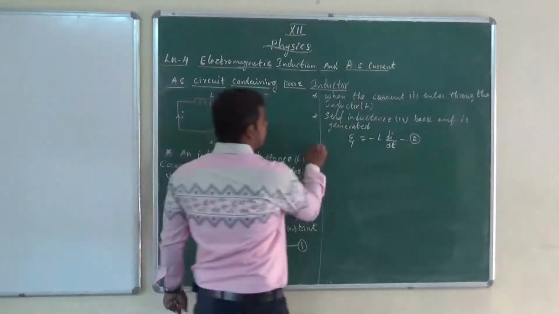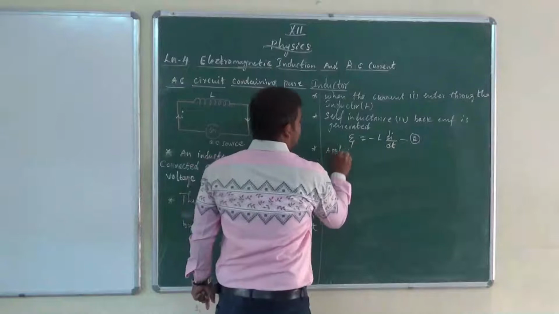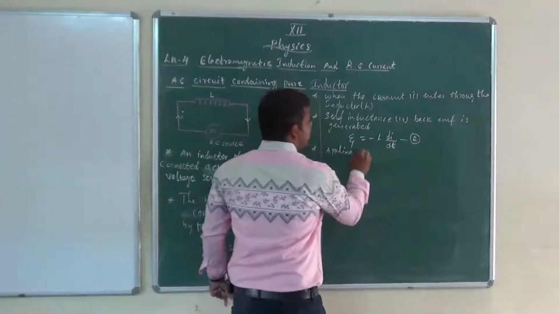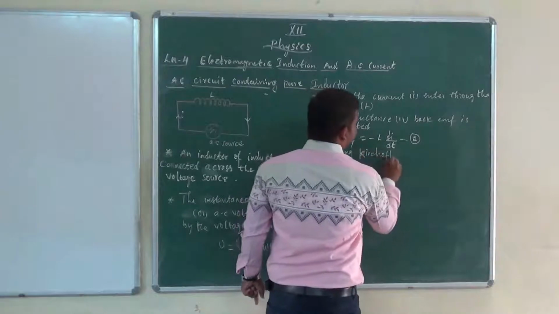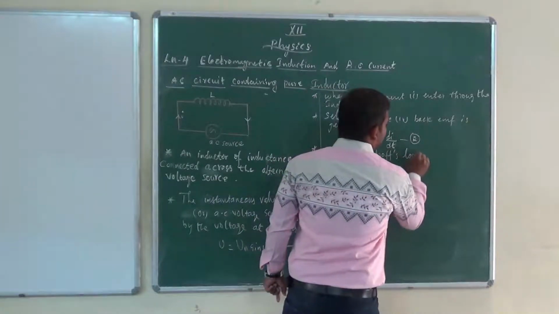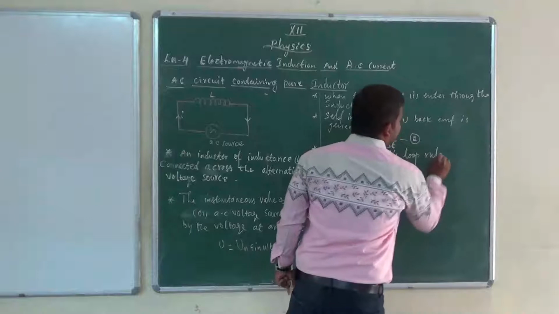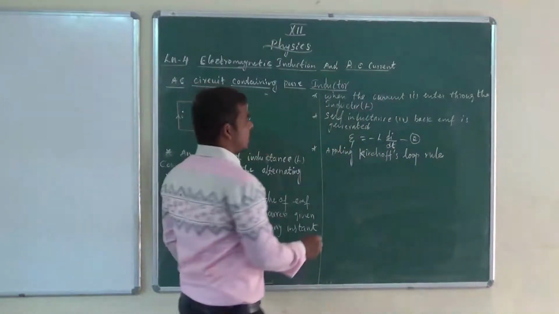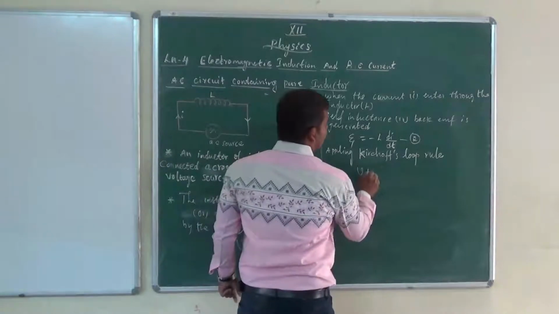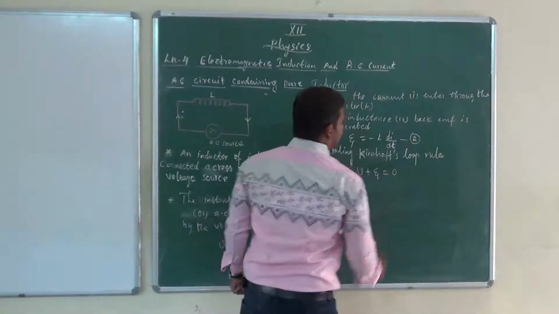Now applying Kirchhoff's loop rule. What is the Kirchhoff loop rule indicating?